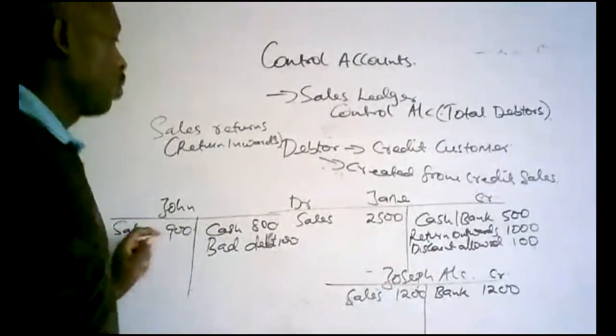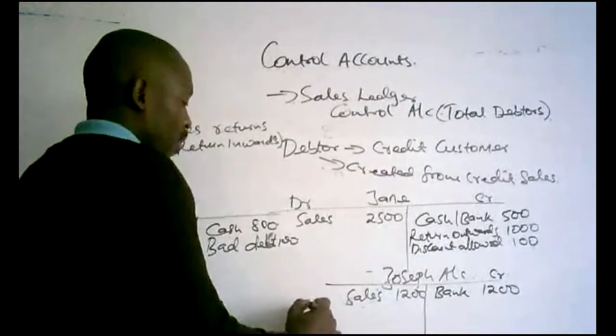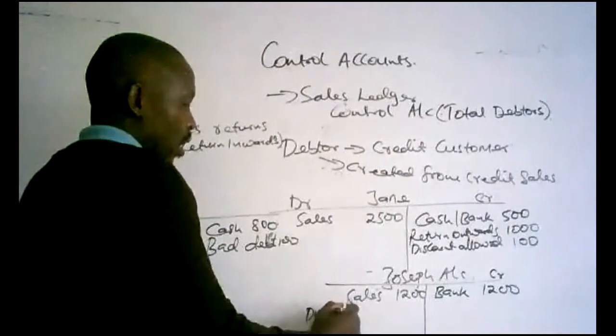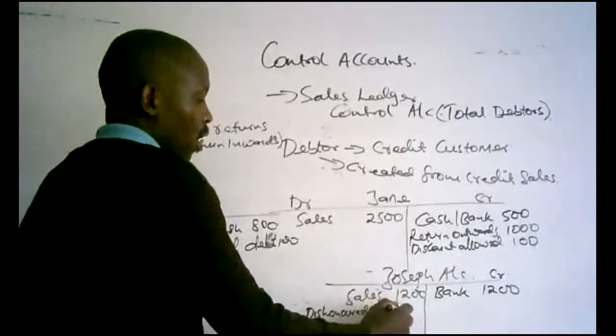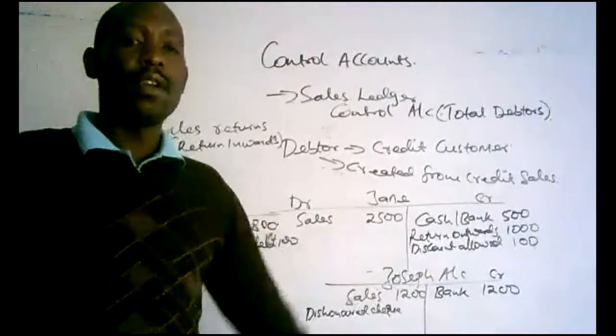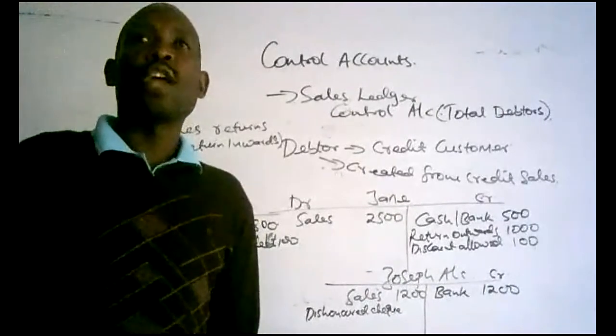What we normally debit to the accounts of the debtors also includes things like the dishonored check. You might find that this check that we received from Joseph of 1200, when we took it to the bank, the bank did not accept it.